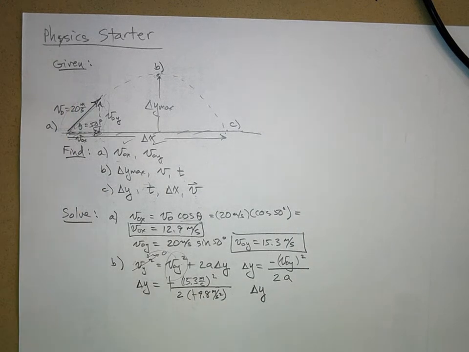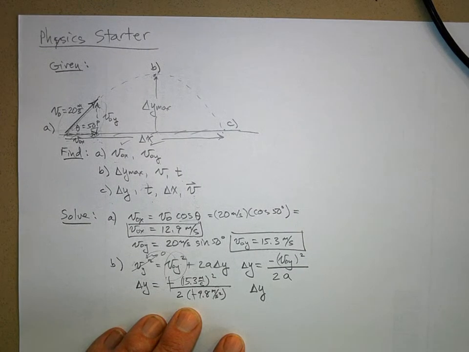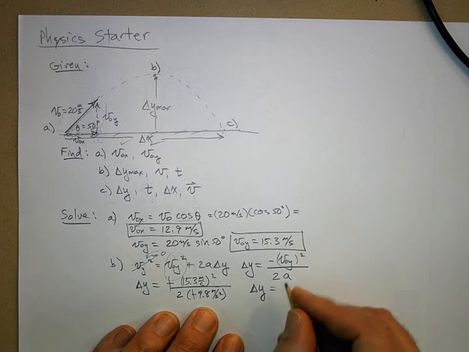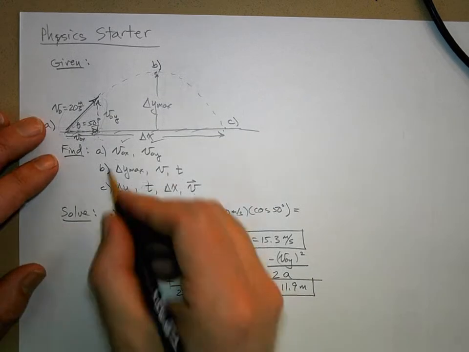Delta y is going to be positive. It's going to be up. And so I'll say 15.3, square that, and then divide it by 2, and then divide it by 9.8, and I get 11.9. So there's delta y.